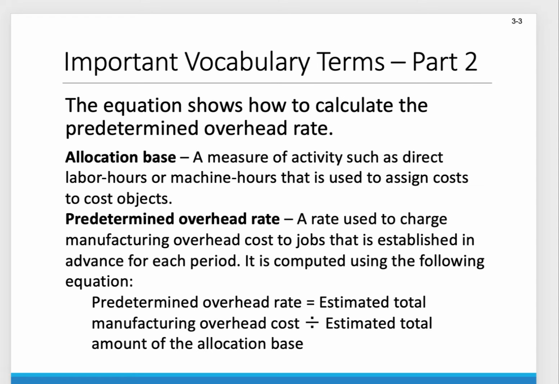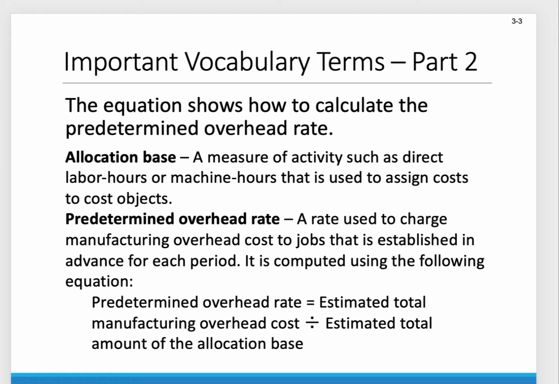Remember, we have to know how to calculate the predetermined overhead rate. We saw that in chapter 2. We went through a number of examples showing how to calculate that predetermined overhead rate, right? So we need to know what the allocation base is. That allocation base, that's our cost driver, right? The allocation base is nothing more than a measurement of activity.